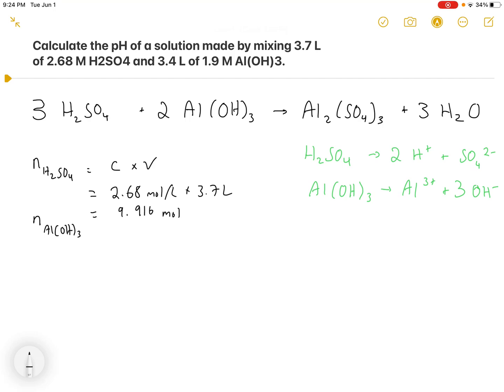Again, I'm not going to round it yet because I want to carry as many decimal places as possible to get more accurate data later. And then for aluminum hydroxide, that's going to be 1.9 molar, same as moles per liter, times 3.4 liters, which is going to give you 6.46 moles.